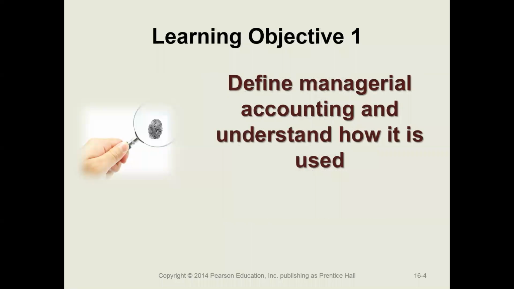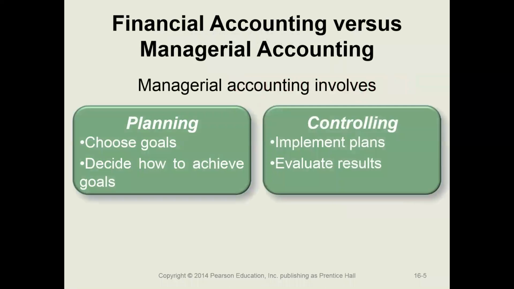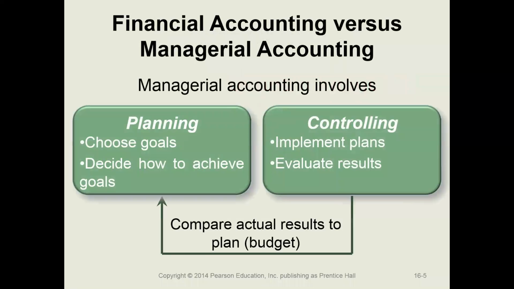Okay, so first let's look at managerial accounting. So managerial accounting involves planning and controlling. So planning, when developing a plan, managers choose goals, and then they decide how to achieve those goals.